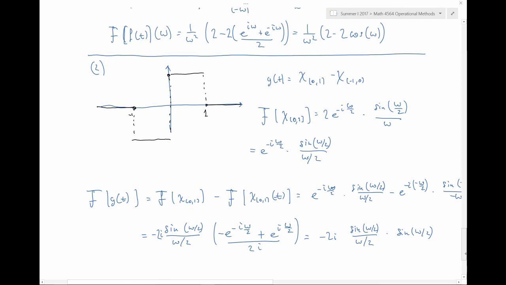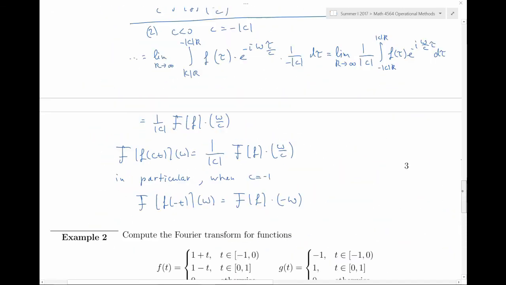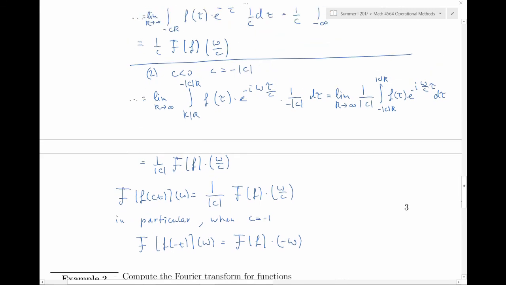Before I let you go, I'd like to mention an interesting fact pertaining to the dilations formula. When you dilate your function, when you multiply its argument by c, if c is greater than 1, then it has a squeezing effect on the function. When c is less than 1, it has a dilating effect on the function.